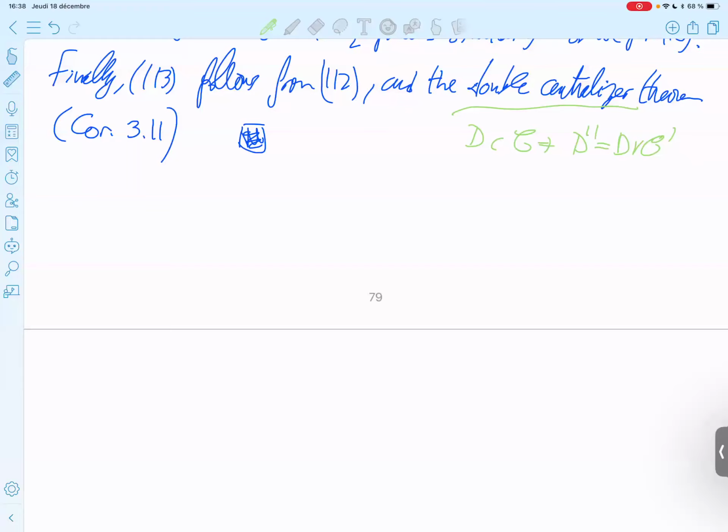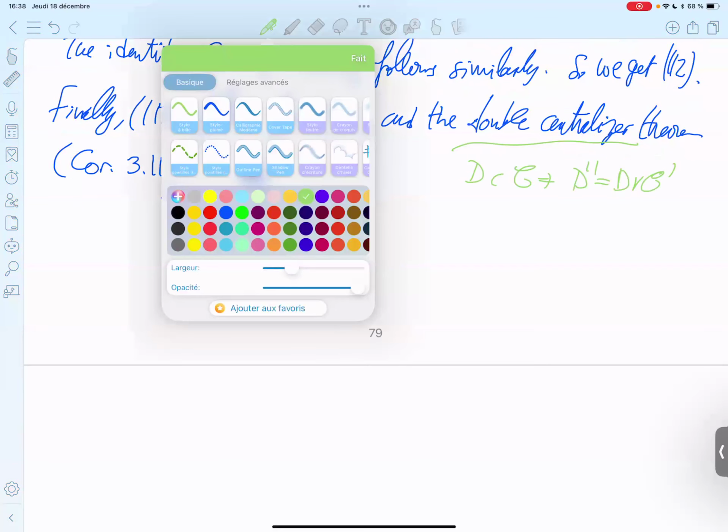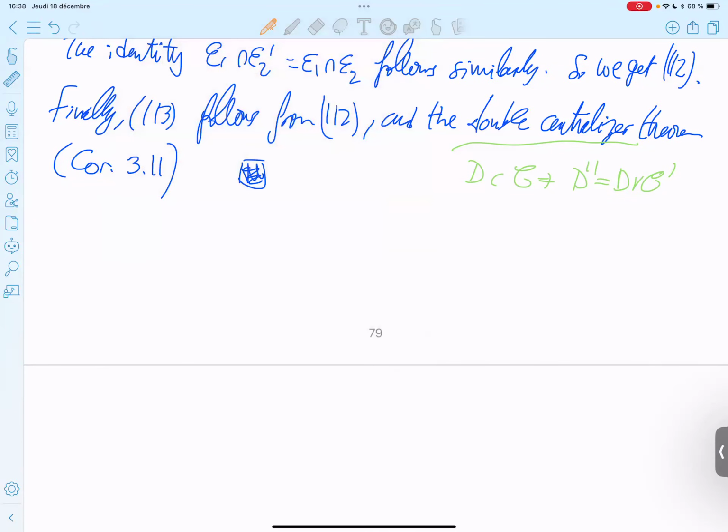It's true, but we don't really need it. So the double centralizer here corresponds to E1.